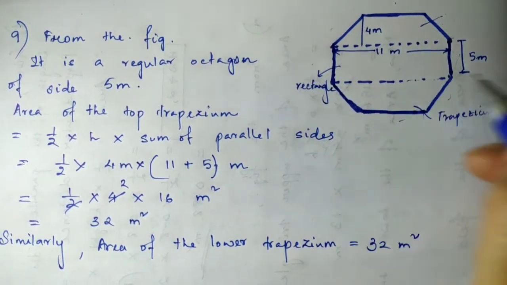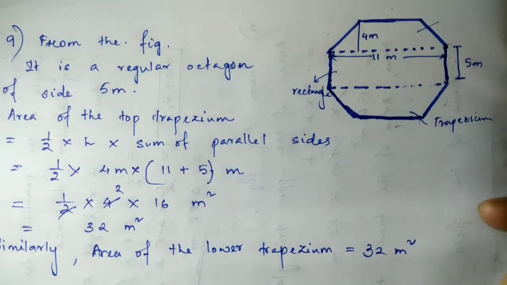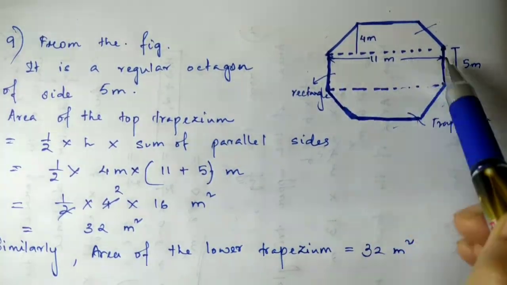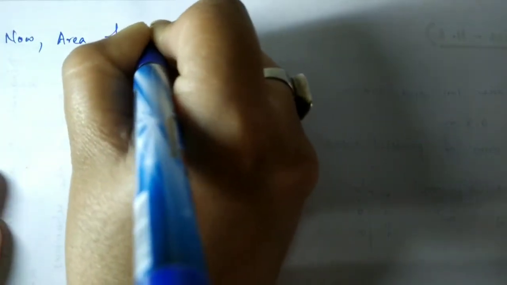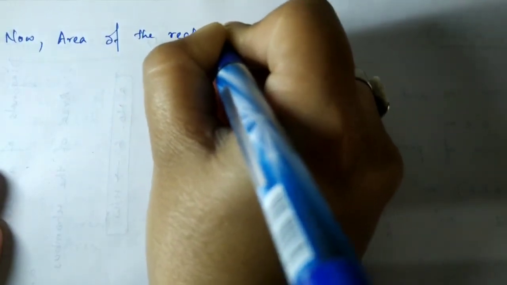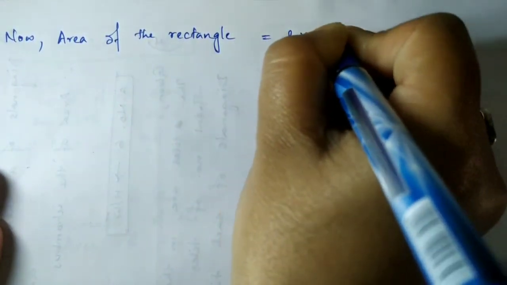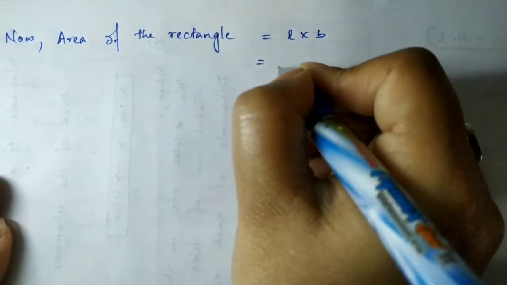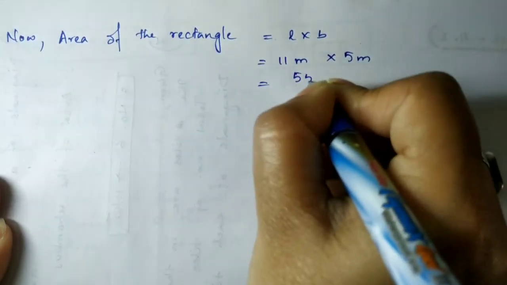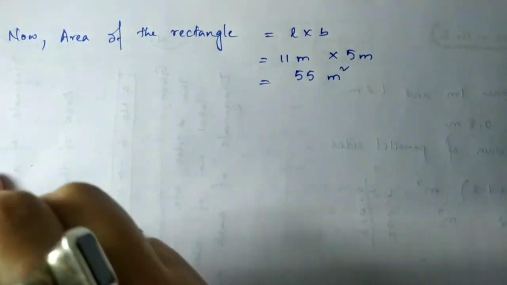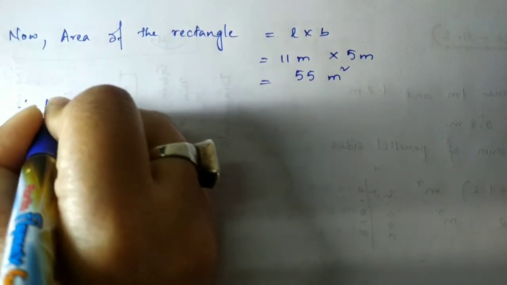I have to find out the rectangle. In the rectangle, area is equal to length into breadth. This is the length, that is 11 meter, and the breadth is 5 meter. So the area of the rectangle in the given diagram will be equal to length into breadth. The length was given as 11 meter and the breadth was given as 5 meter. So 55 meters square.